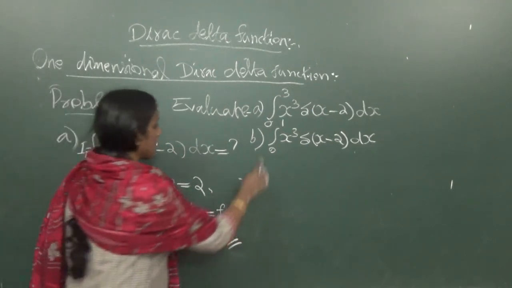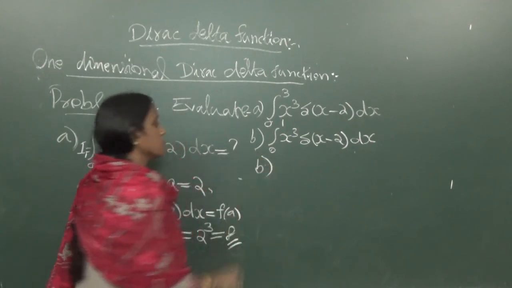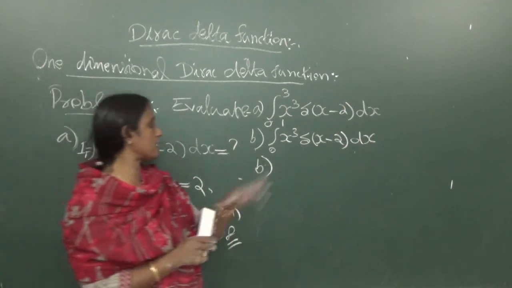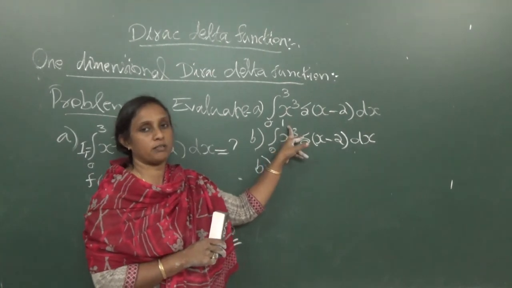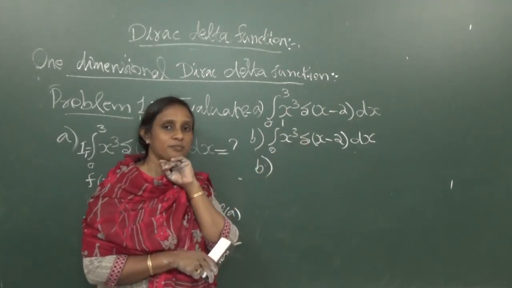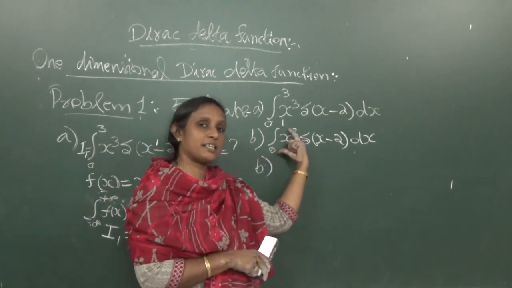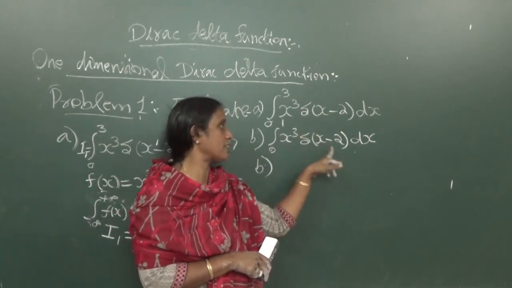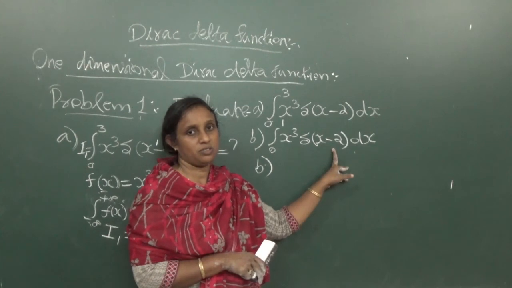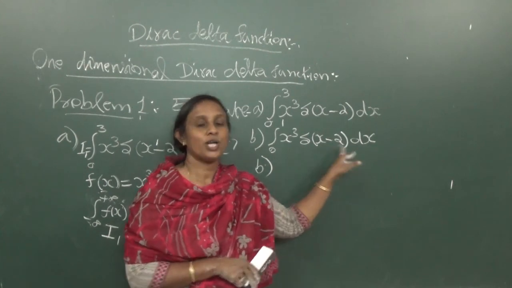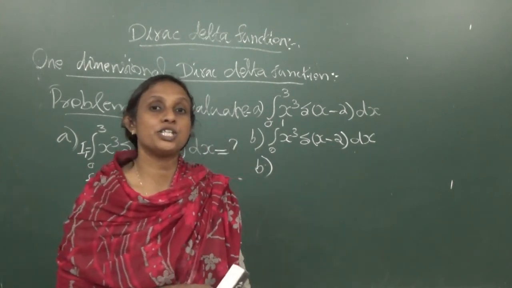Now, the second part. In the second part, the integration limit is from 0 to 1. Then what happens? Then you can see that this integration limit lies outside the Dirac delta function. So it is always 0.